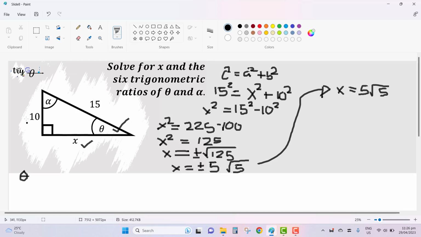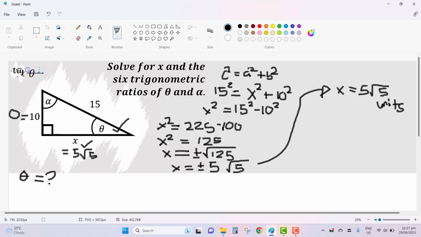That would mean this is your opposite side of angle theta, X, which measures 5 square root of 5 units. I forgot to place units, so I'm going to place units here. Even if it doesn't have any unit, let's just place units to denote that it's the measurement of a side. So that's 5 square root of 5 for angle theta.